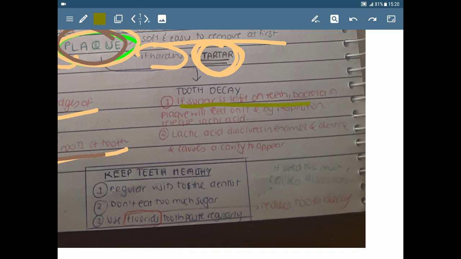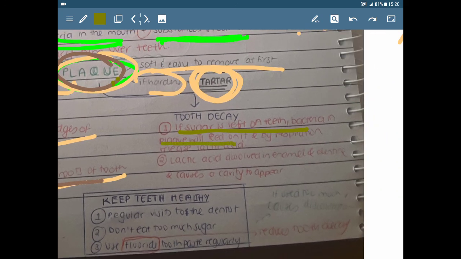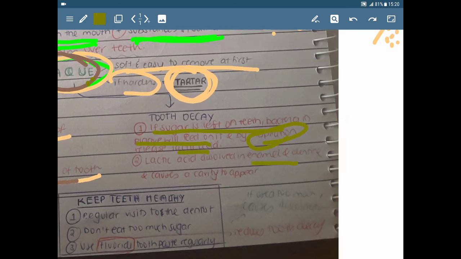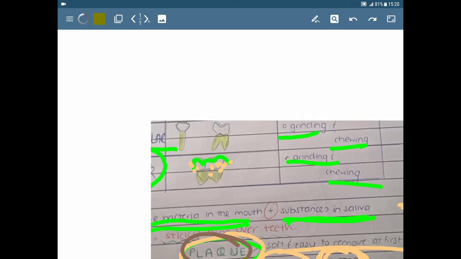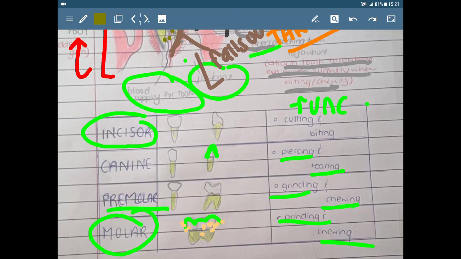So if sugar is left on teeth, bacteria in the plaque will feed on it by respiration and release lactic acid. Lactic acid dissolves enamel and dentine and causes a cavity to appear. Also, it might end up in the pulp cavity over here and cause a lot of pain.